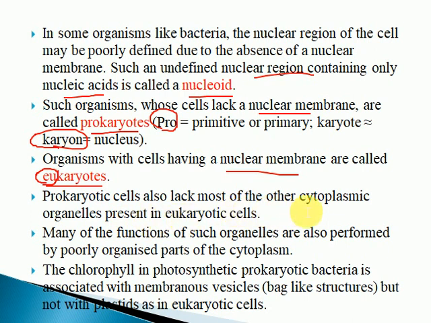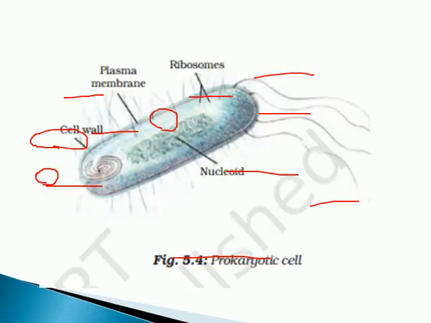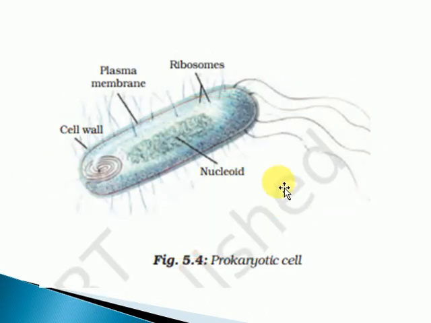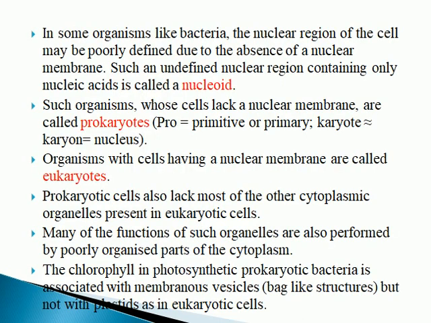Prokaryotic cells lack most of the cell organelles which are present in eukaryotic cells, and the functions of these organelles are performed by the poorly organized parts of the cytoplasm. Here we are talking about the prokaryotic cell. The nucleus is not properly organized and all the cell organelles are not present, so the function of the cell organelles is just performed by the poorly organized cytoplasm.